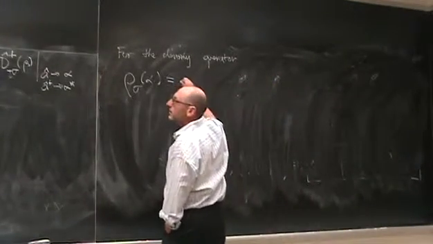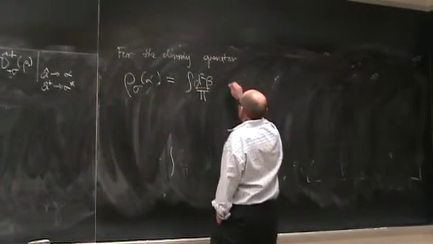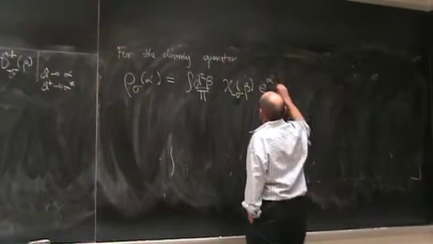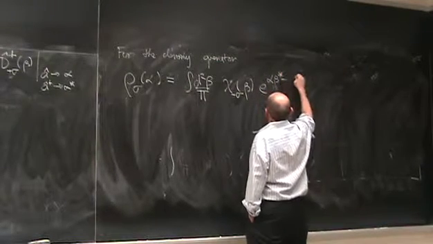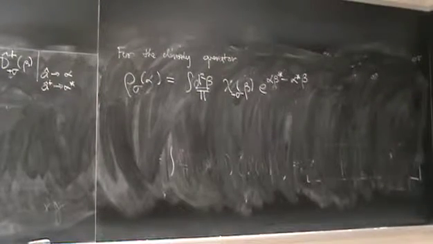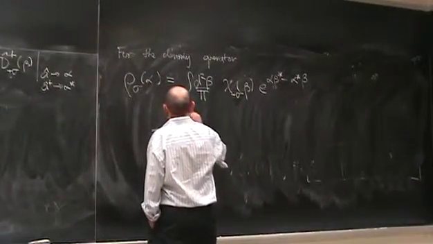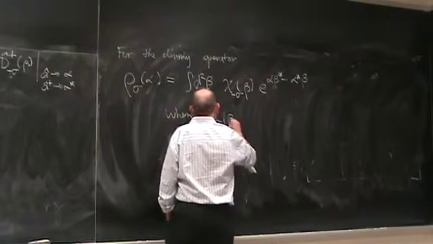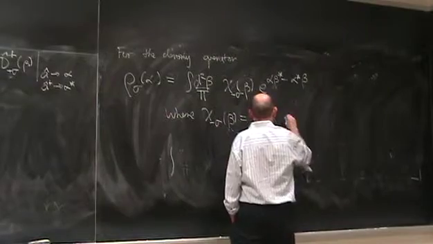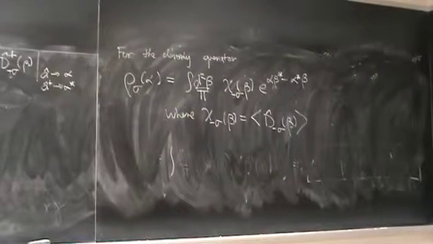That's equal to the integral over beta, normalized by pi, chi minus sigma of beta e to the alpha beta star minus alpha star beta. Where chi is the expected value of the displacement operator for that ordering.